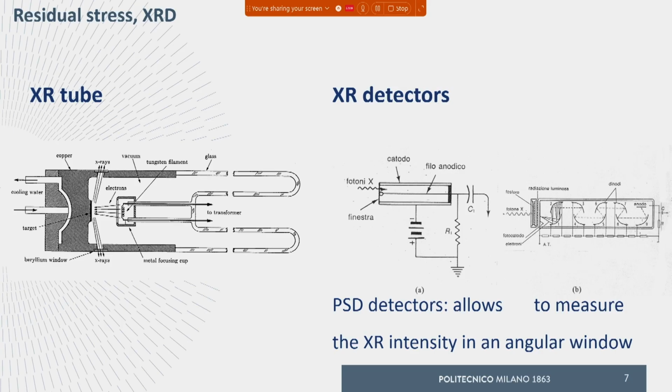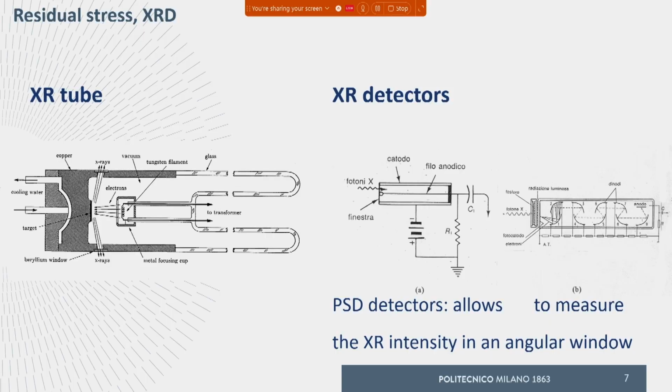And this is another one, similar, but in this case we are changing the frequency of the X-rays to visible light, and by means of a series of anodes and cathodes, we are able to get the wanted signal.